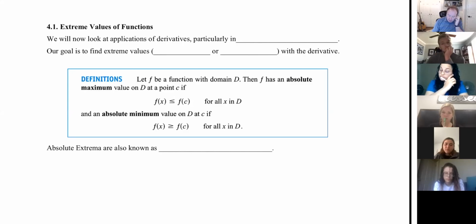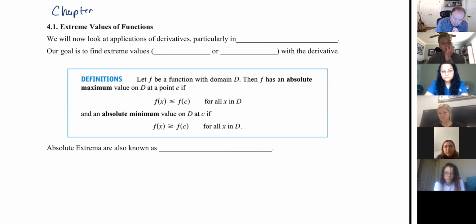All right, so section 4.1 is on extreme values of functions. And really, chapter 4 in general, we are going to be focusing more on the actual applications of derivatives.